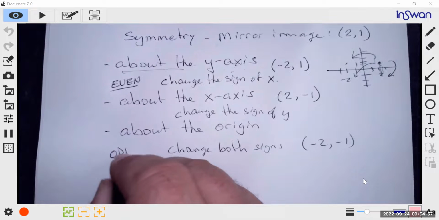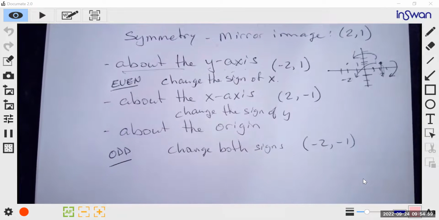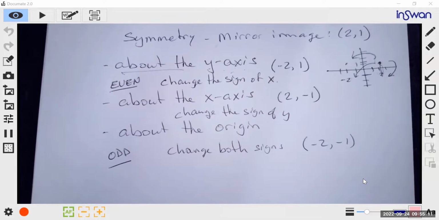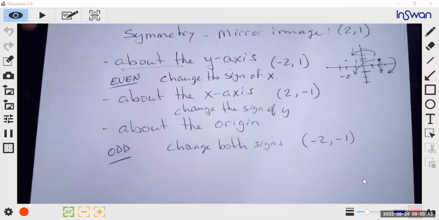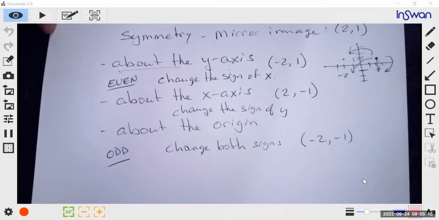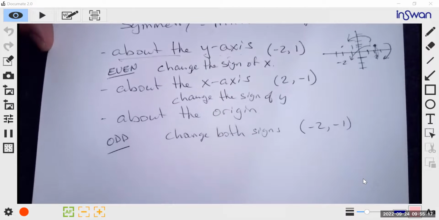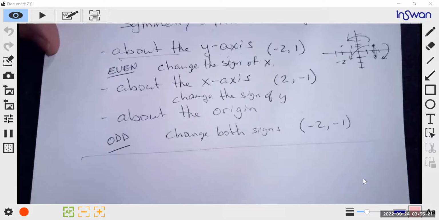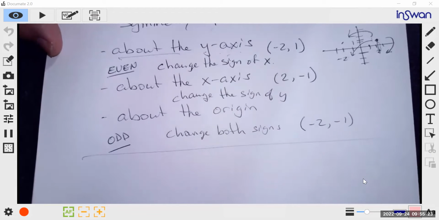An odd function flips across both x and y. Any questions so far?